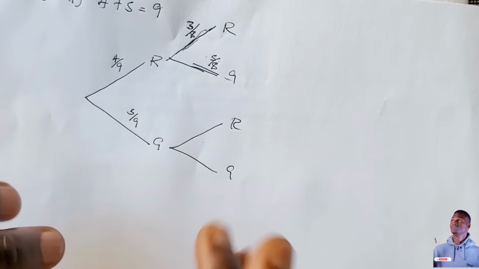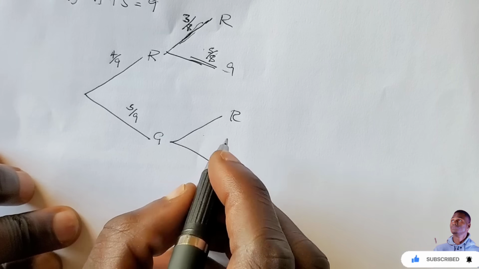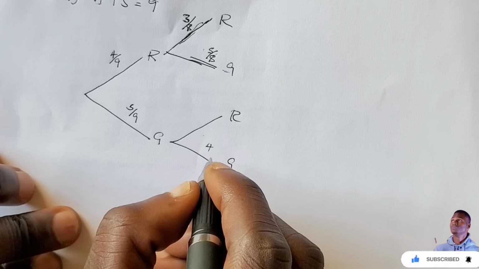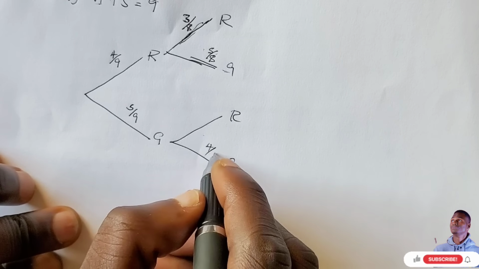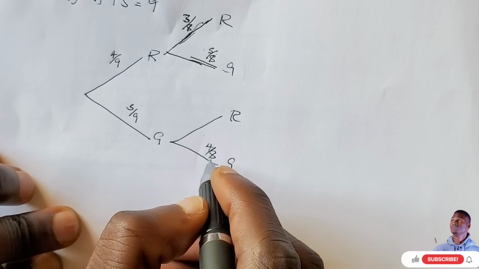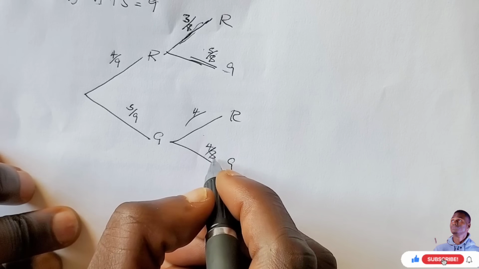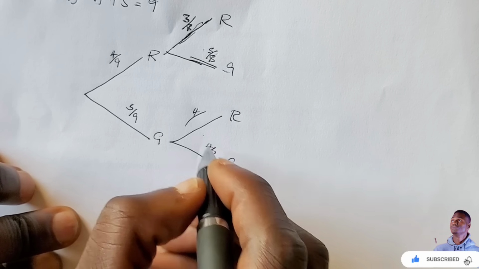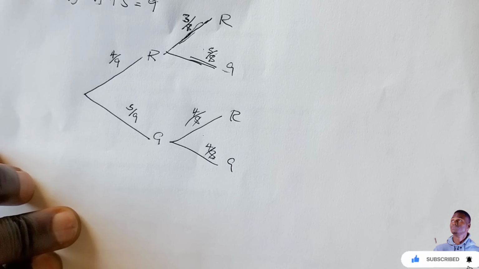Now when you come here, let's take for instance it was a green pen that wasn't replaced. How many green pens do you remain with? 4, right? Yes. 4 over 8. Then here you maintain a red. Red you maintain as 4, but because of that green pen not replaced, the total is 8.